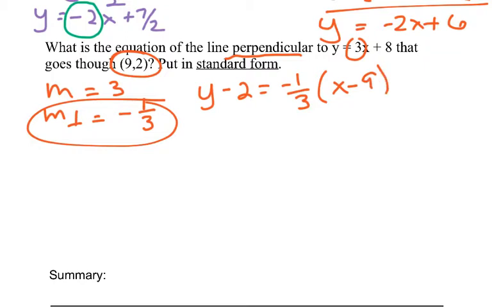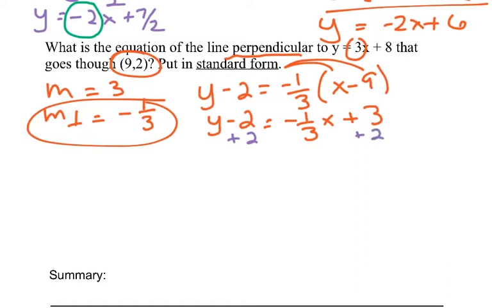Now for standard form, we need to get this all the way down so that our x and y's are on one side. So I'm going to go ahead and distribute. I've got -1/3 times x, and negative 1/3 times negative 9 is a positive 3. I'm going to combine my constants, so I'm going to bring this 2 to the other side. So y equals negative 1/3 x plus 5. And then we have to get our x's to the other side.